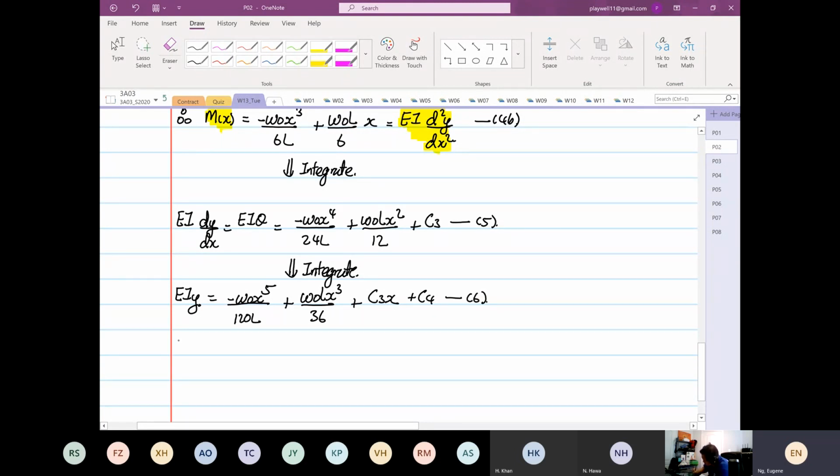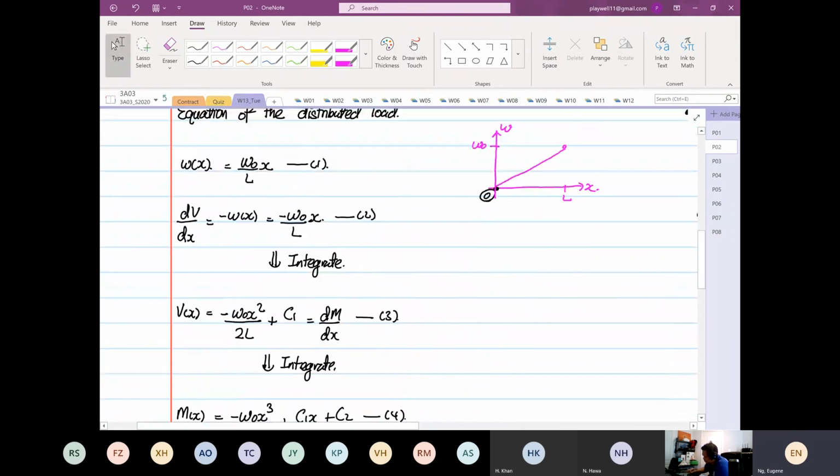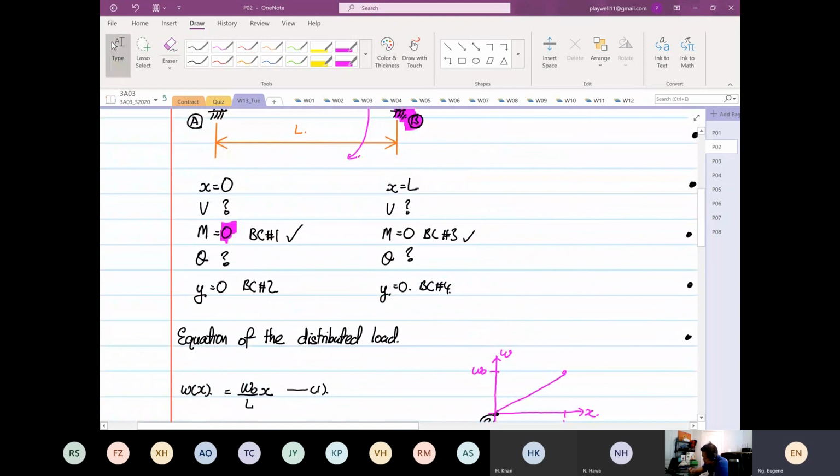We're going to substitute when x is equal to 0, y, the deflection, is equal to 0 into equation number 6. So your x distance is equal to 0, y is equal to 0, so it's boundary condition number 2.